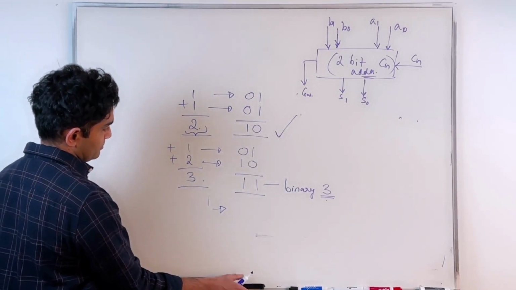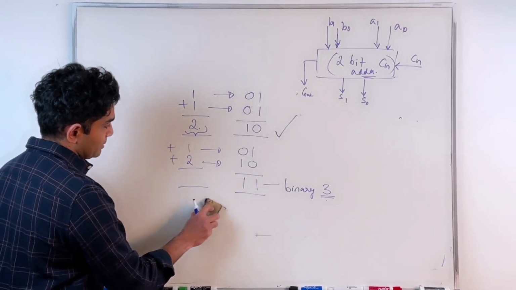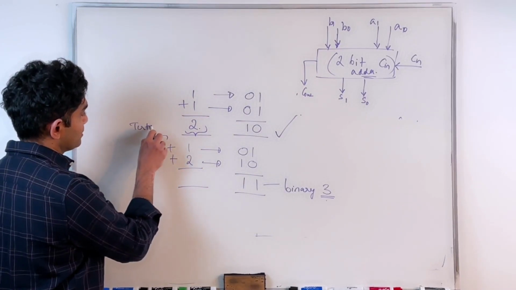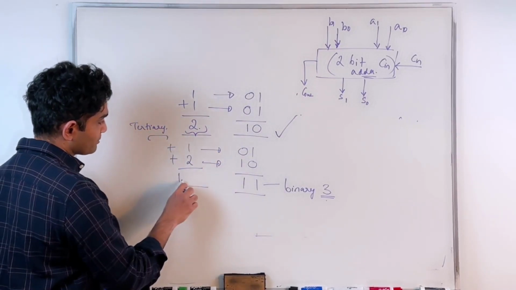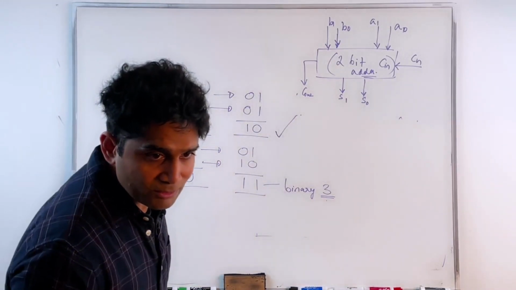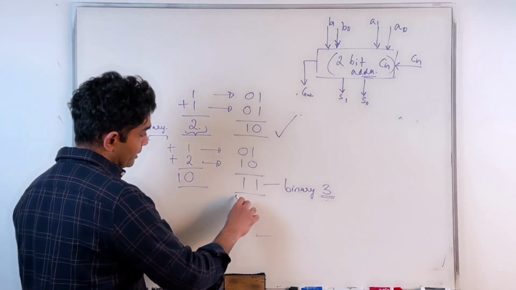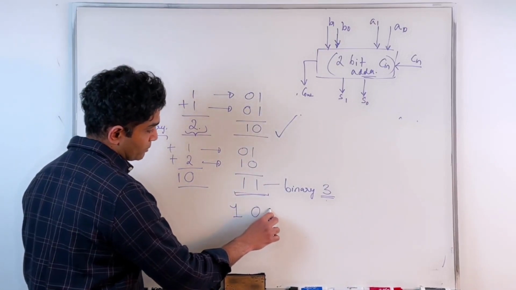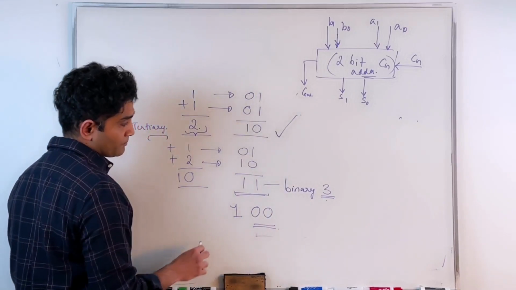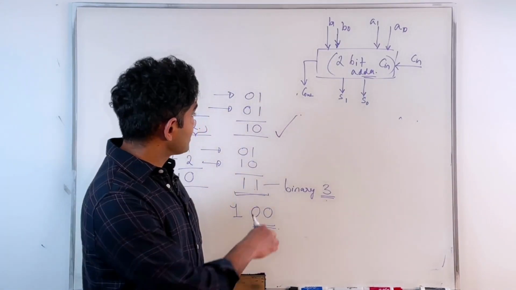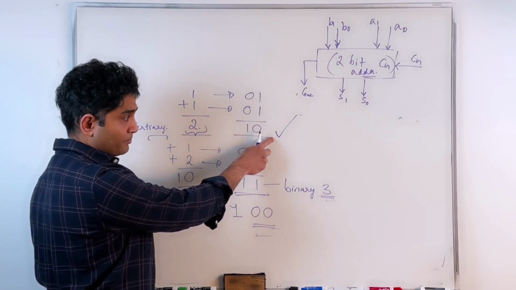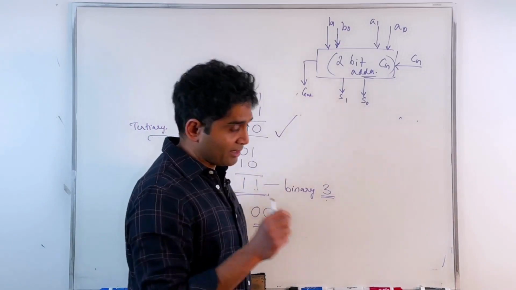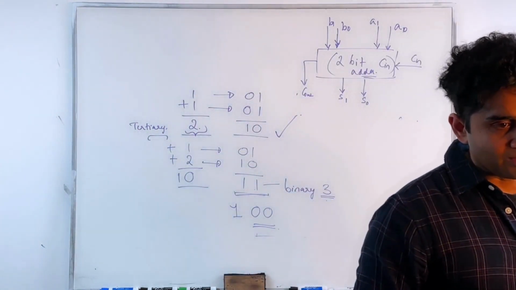Sorry, because everything is in tertiary. This is tertiary addition. So the right sum here would be 1 0, absolutely right. So here, the right tertiary format would have been 1 0 0. But I'm getting this. So obviously, sometimes it works. Sometimes it doesn't work. I need to do some adjustment here to make it work, exactly going back to the decimal error.